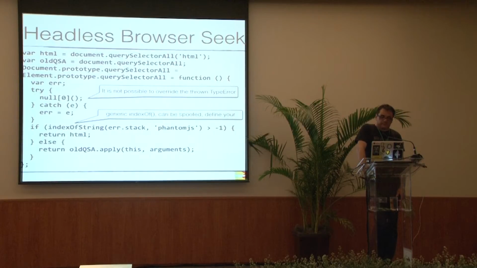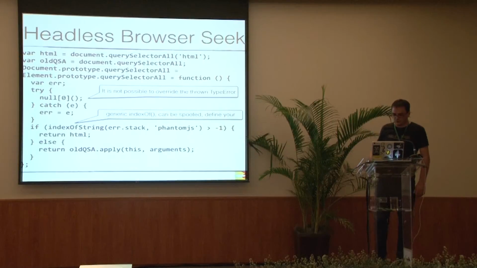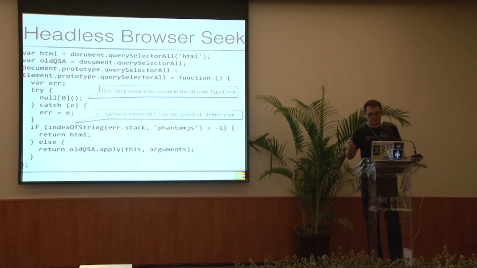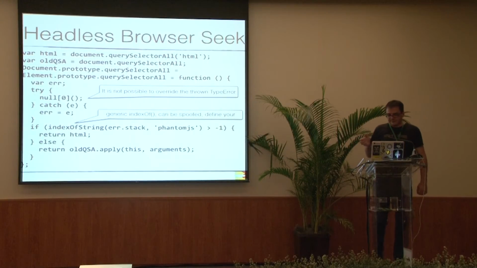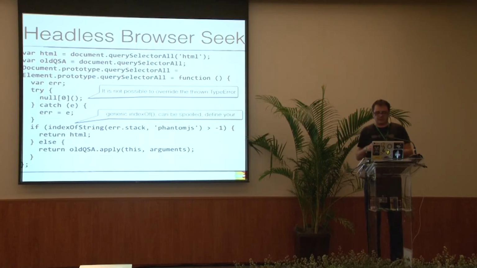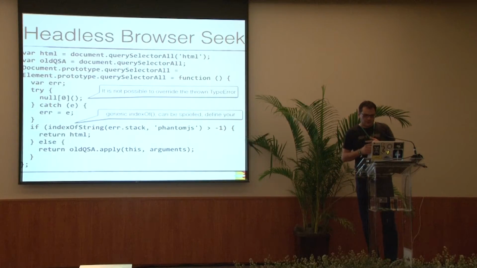What else can be done? If we extend the stack trace detection function that I showed and do something relatively harmless to the Phantom.js visitor, it's probably going to work.